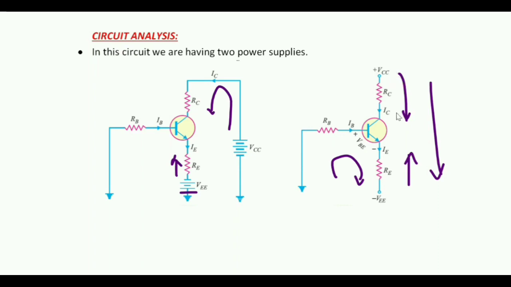We can simply imagine there is no big difference between these two circuits; just to avoid some lines we are simplifying these sources. Here we have two different sources, equal in magnitude, and there is a collector resistor RC, an emitter resistor RE and a base resistor RB. We apply the AC input at the base through a capacitor, which we already know about, and this is the base emitter voltage VBE and this is VCE, the collector to emitter voltage.